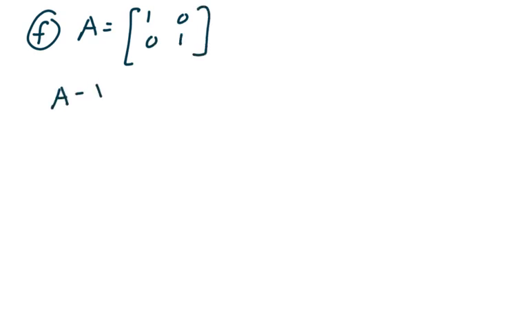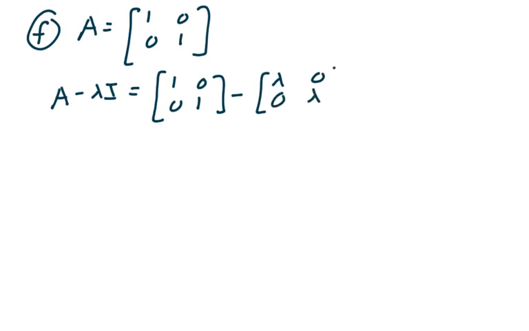F. And then we'll stop on this example. If A is the matrix [1, 0; 0, 1], and I want A minus lambda I. So this is [1, 0; 0, 1] minus [lambda, 0; 0, lambda]. And so this is a diagonal matrix, perfect diagonal matrix.